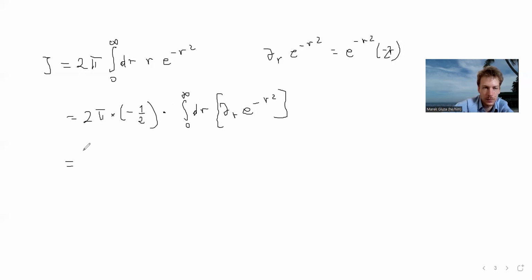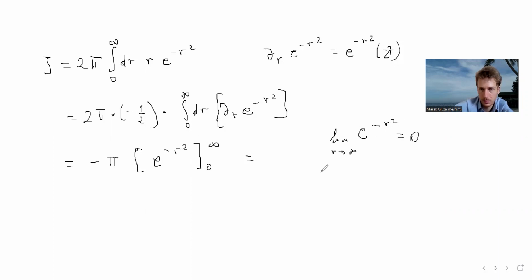So now this is what we call the fundamental theorem of calculus, that we have minus pi, and then we need to insert the function below the derivative, 0 to infinity. And now we need to use that the limit of r to infinity of e to minus r squared is 0.